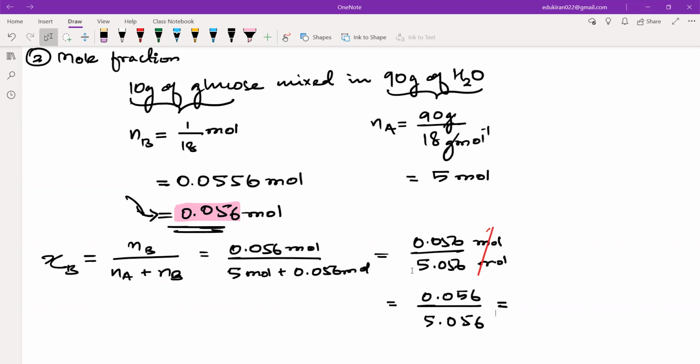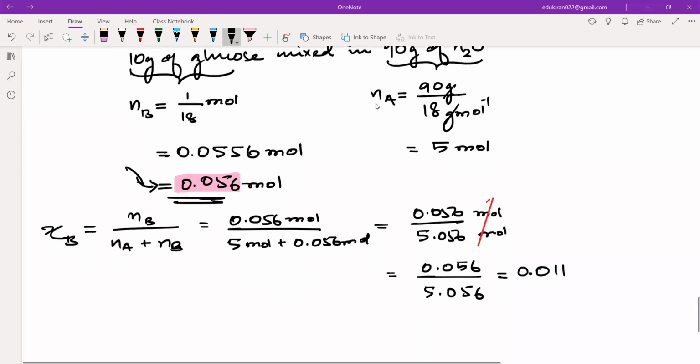Yeah. So most of you are giving me the same answer. So I think this is correct, 0.011. Okay, there will be no units.